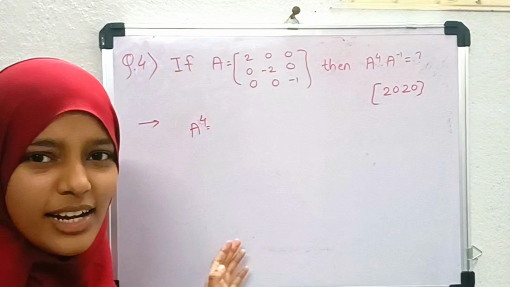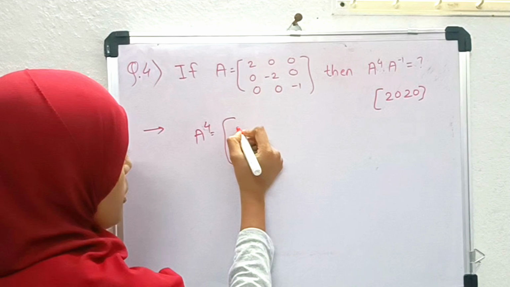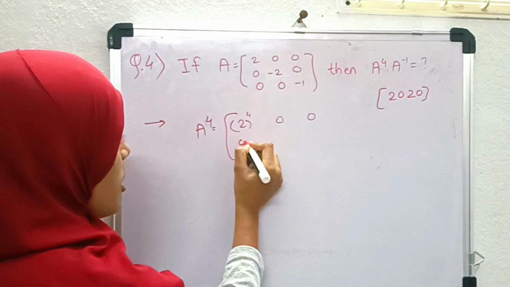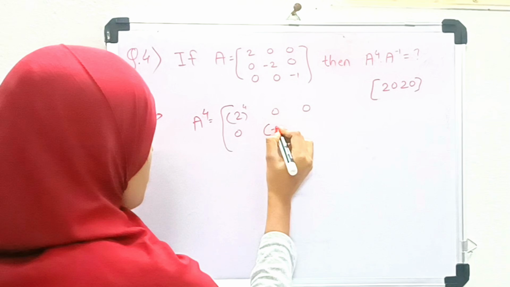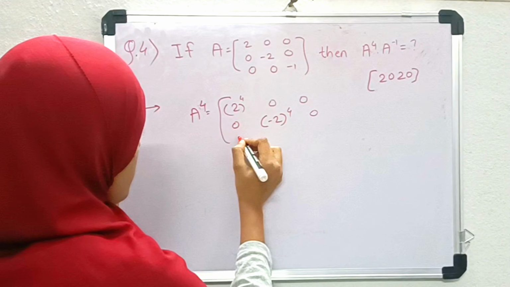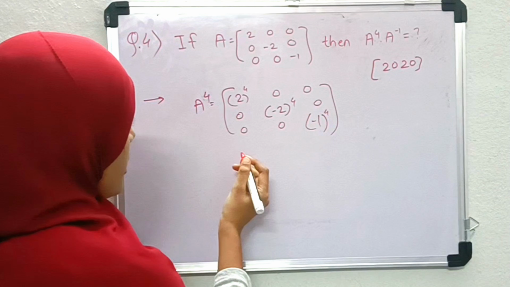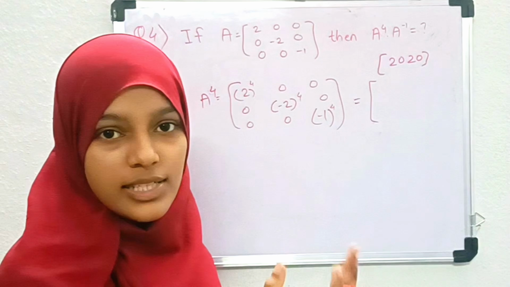So let's raise the diagonal elements to the power of 4. So it will be 2 to the power of 4. 0 will be 0, 0 will be 0, as we know, 0 to any power is nothing but 0. So 0, minus 2 raised to 4, then again 0, 0, 0 and minus 1 again raised to the power of 4. What is 2 to the power of 4?